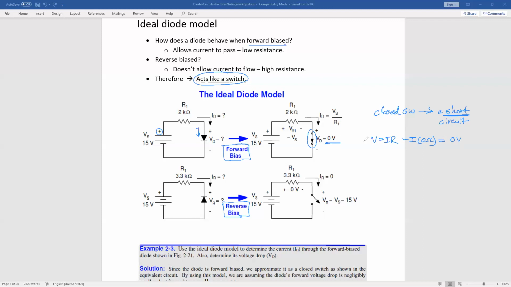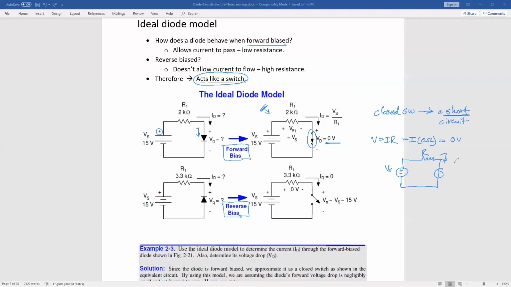So that means what we basically have for this circuit here is our voltage source, our resistor, and our diode is now just a wire. This is where our diode used to be, and it's just a wire. So all we really have is this Vs and R in the circuit.